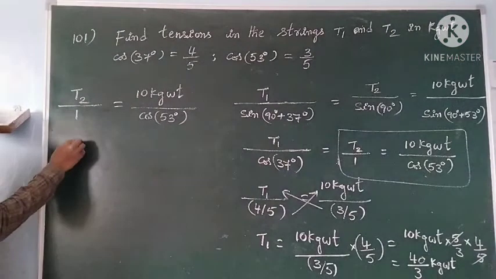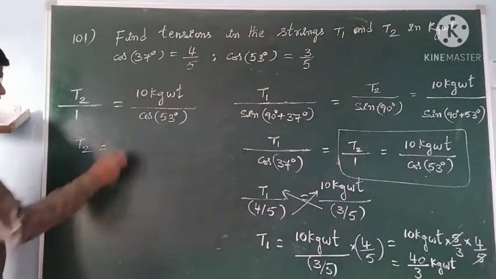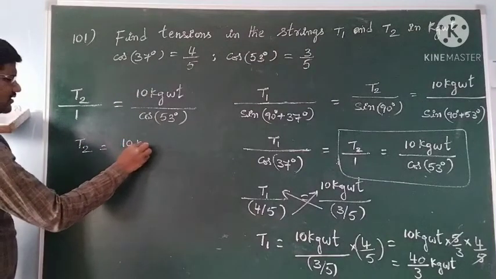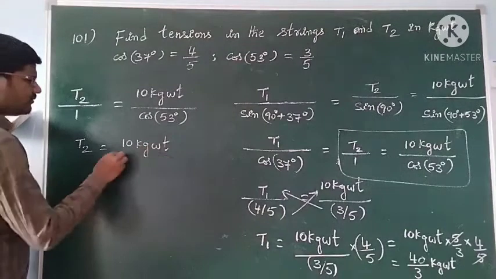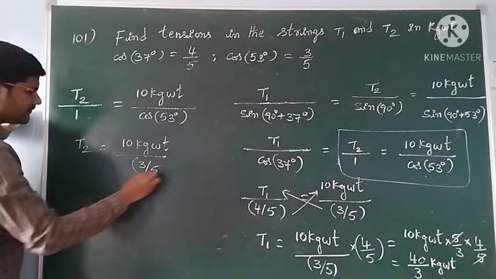So T2 is equal to 10 kilogram weight by cos 53 value, which is 3 by 5.